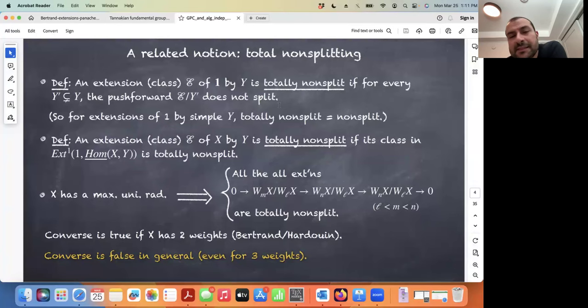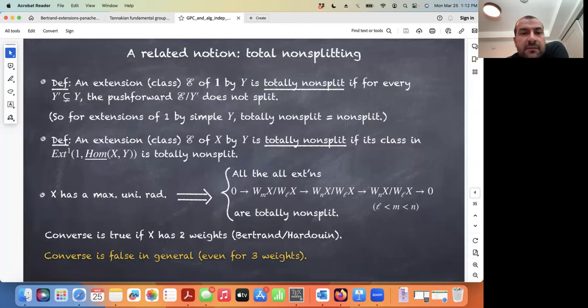Now, this is a stronger notion than just being non-split, because for non-split, if you take y prime to be 0, this just becomes non-splitting for E, but I want this condition to hold for every proper sub-object. Now, if y happens to be a simple object itself, its only proper sub-object would be 0, so total non-splitting will be the same as just being non-split.